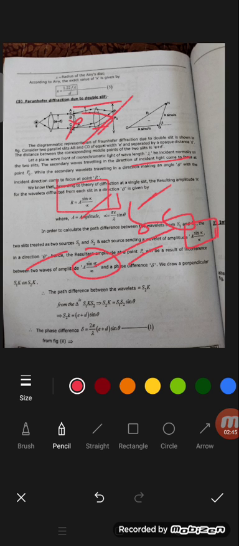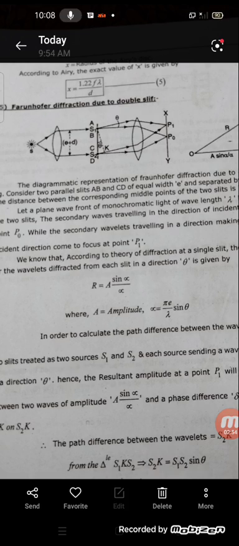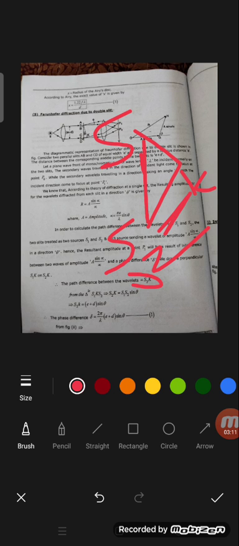We draw a perpendicular line from S1 to the line through S2. In the diagram we observe this perpendicular line makes a triangle S1, S2 and K. From this triangle, the path difference is S2K. In the triangle S1 S2 K, S2K is equal to S1S2 sin theta.